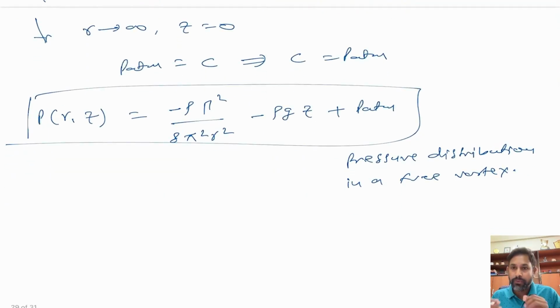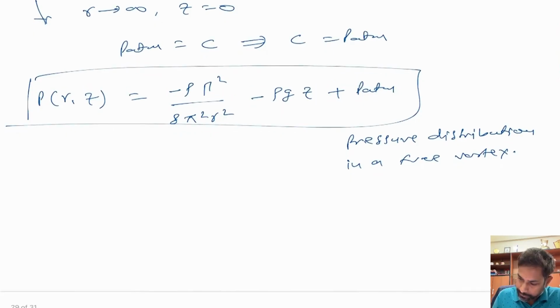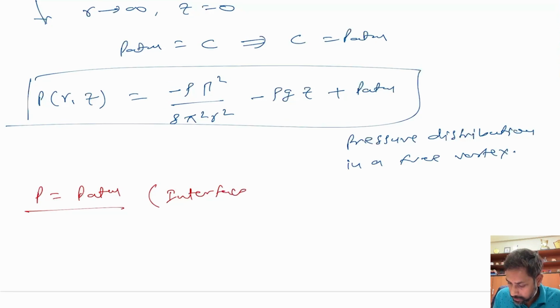Now if you want to find the shape of the free vortex, we will have to assume P is equal to P atmospheric, right, that will give us the interface between the air and vortex.